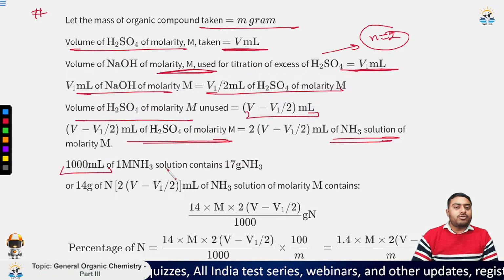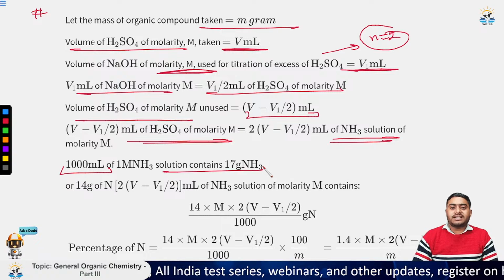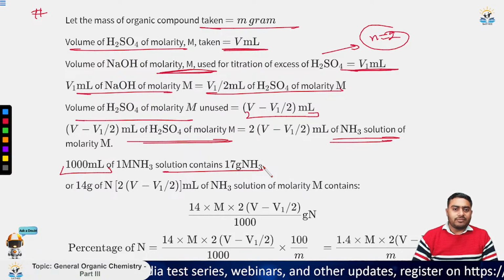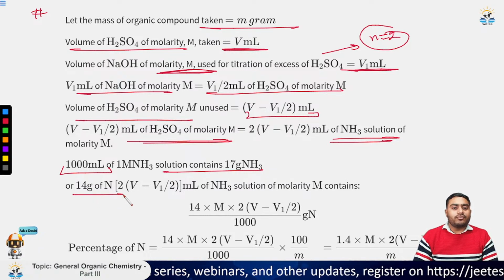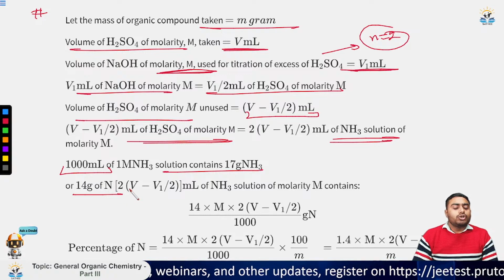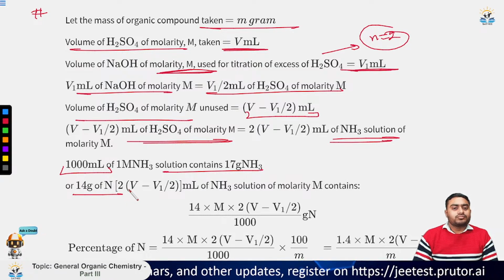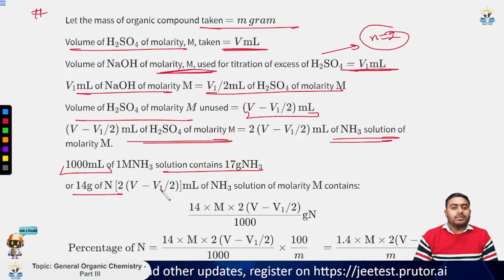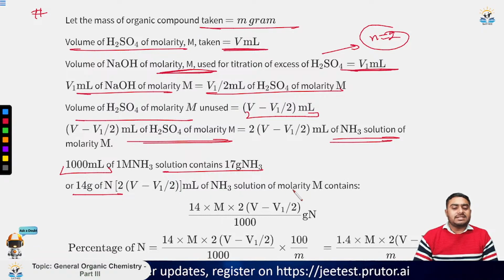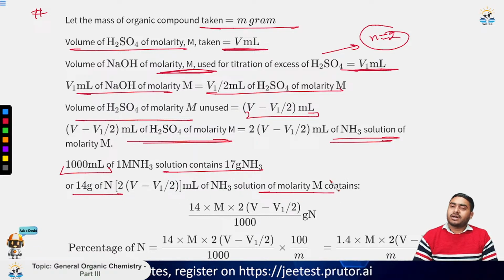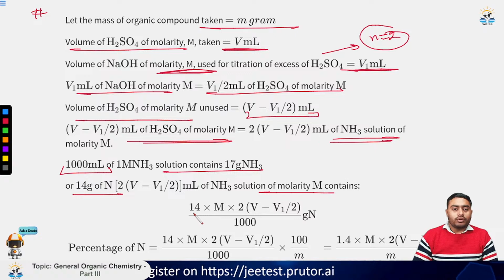Then 1000 ml of 1 molar NH3 solution contains 14 gram of N, that means nitrogen. So 2 into V minus V1 by 2 ml of NH3 solution of molarity M contains 14 into M into 2 into V minus V1 by 2 divided by 1000 gram, right?